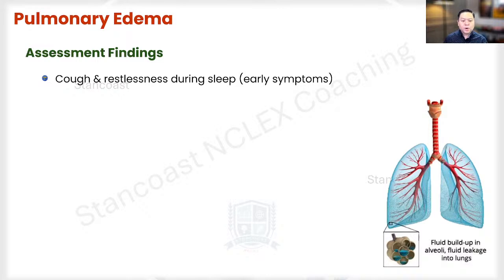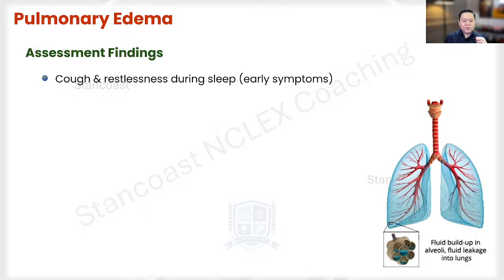When the extra fluid starts to accumulate in the alveoli, this is going to make their breathing so hard, and especially when they are lying supine, in a recumbent position, this will cause them to cough, and they will become restless, especially during sleep.